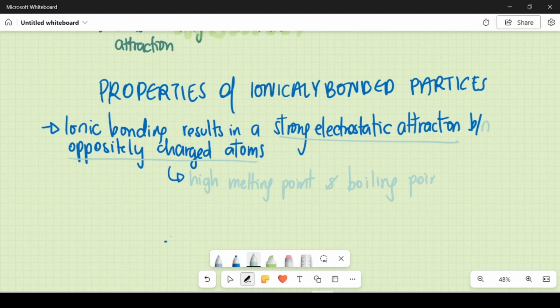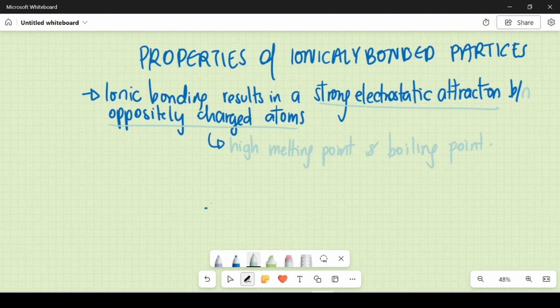Now, in a question, when you are asked to mention properties, you need to talk about the high melting point and boiling point. And how do you describe this property? You refer back to the type of bonding and the characteristics of ionic bonding.